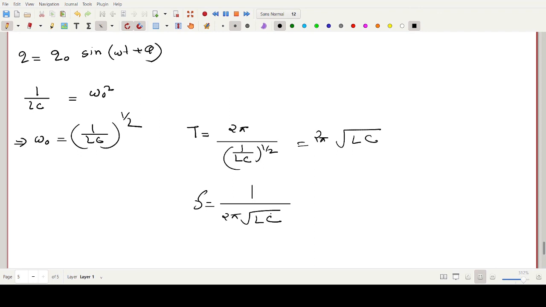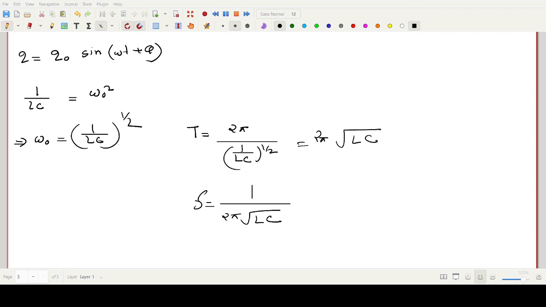Now tell me one thing. If there is no resistance in the circuit, that is, it is an ideal circuit, then will this oscillation continue infinitely, up to t equals infinity? Yes, it should continue, sir. Right, it will continue indefinitely, but in real life circuits, resistance works as a damping factor.